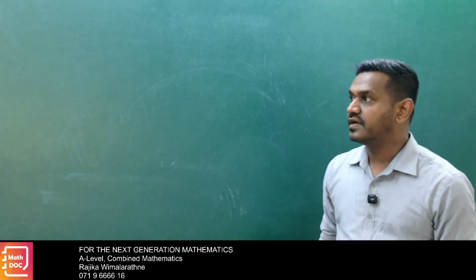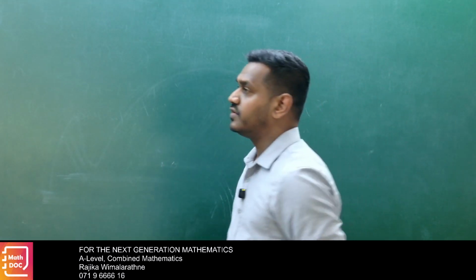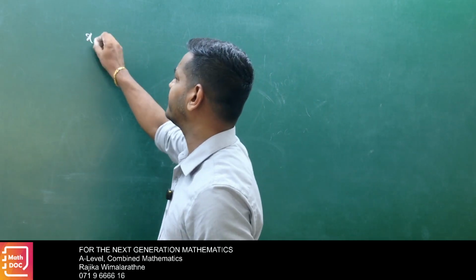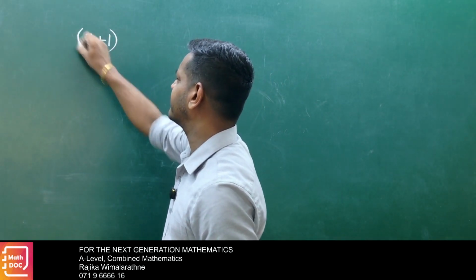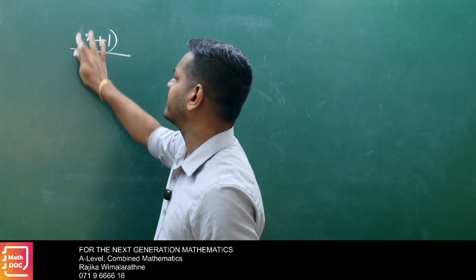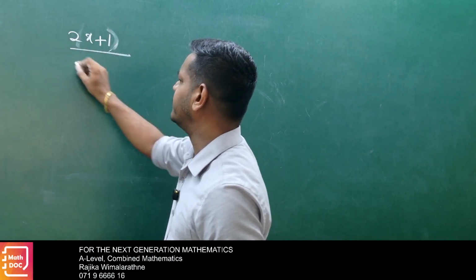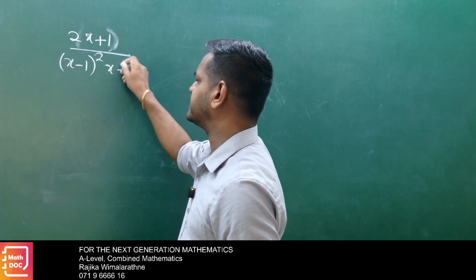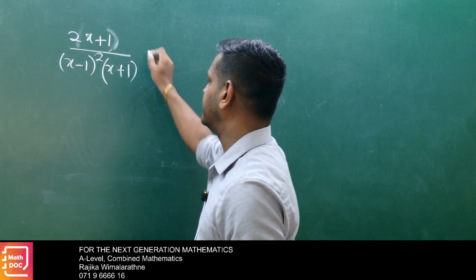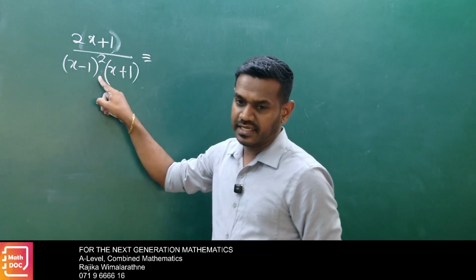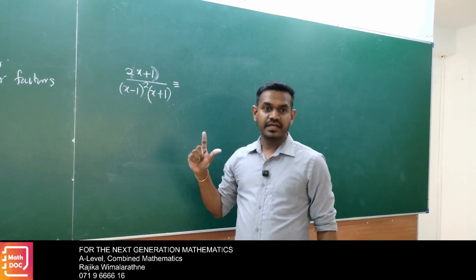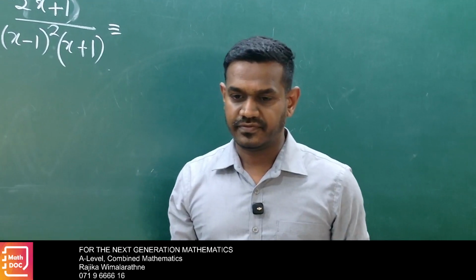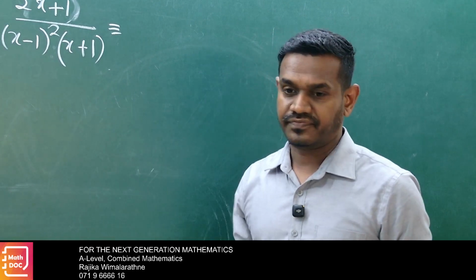Okay. Now you do an example with me. Do another example with me: x minus 1 squared times x plus 1. Here we have a repeating linear factor and a linear factor.